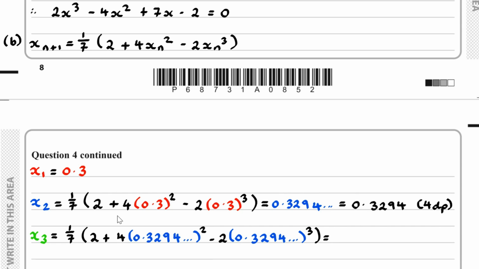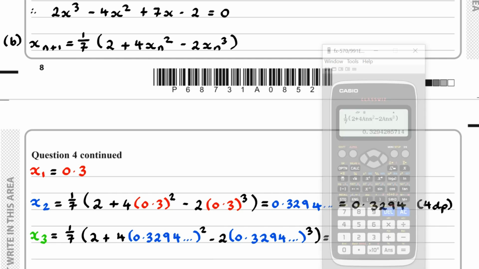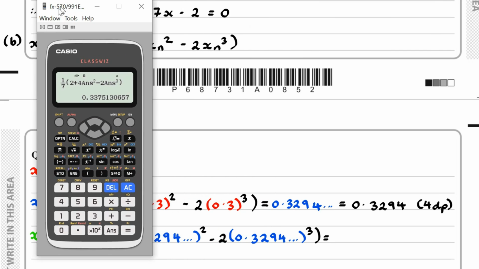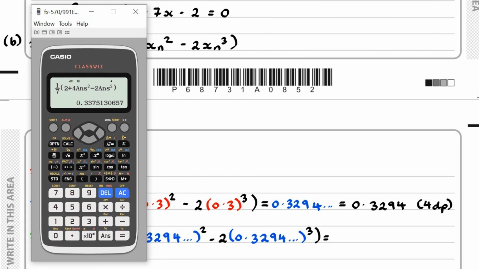So if we work this out, press the equals button, what you will find is x3 is equal to 0.3375, etc.